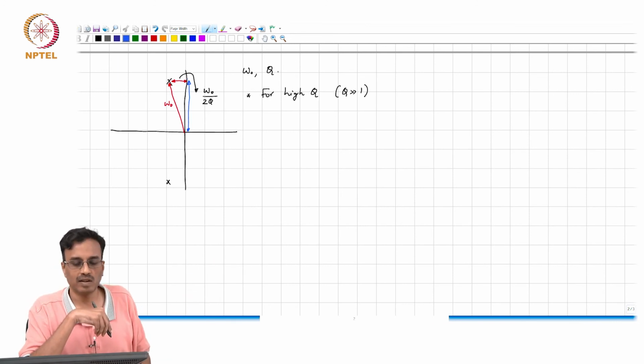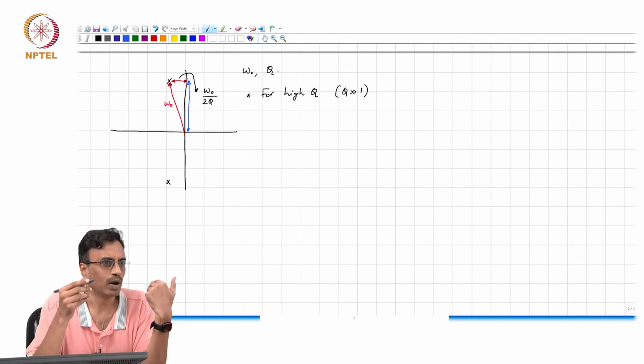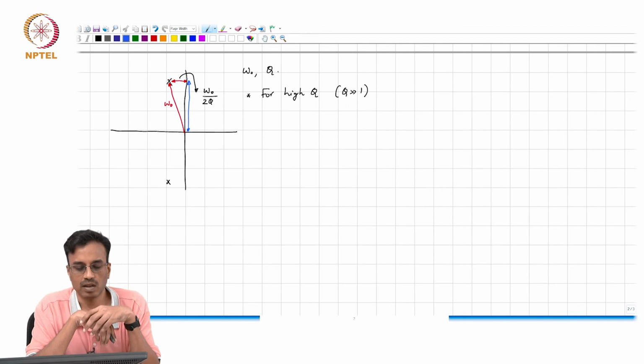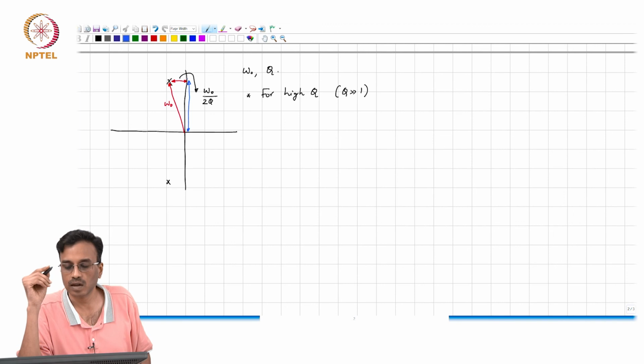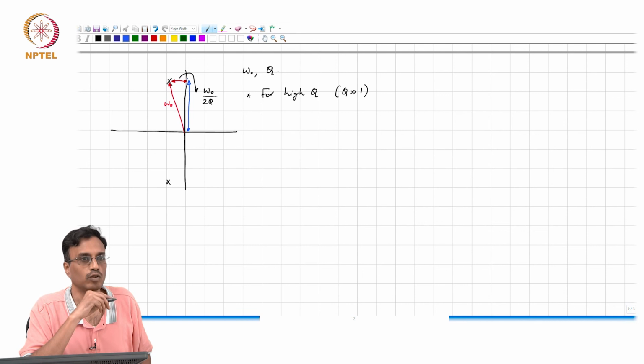Which is why you often say that the real part is omega naught times square root of 1 minus 1 by 4q square, but for a sufficiently large q, that 1 by 4q square is so small that the imaginary part is simply omega naught, and the magnitude of the real part is omega naught over 2q.